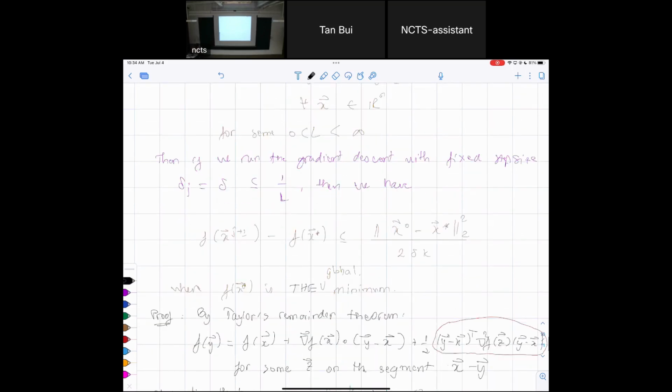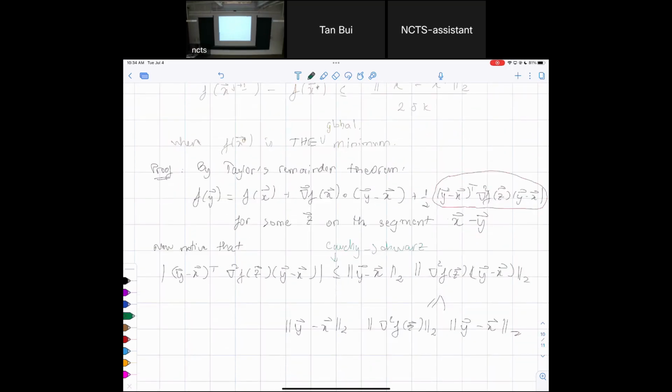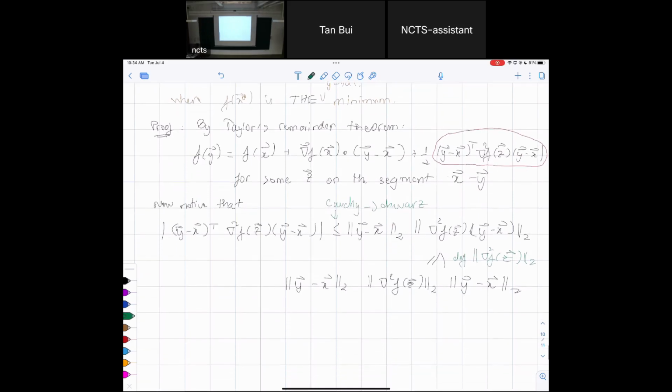We just use the definition of the L2 norm, or the induced. The correct terminology is the induced 2 norm of the Hessian matrix. All right, good. So now I'm going to do this next, right?